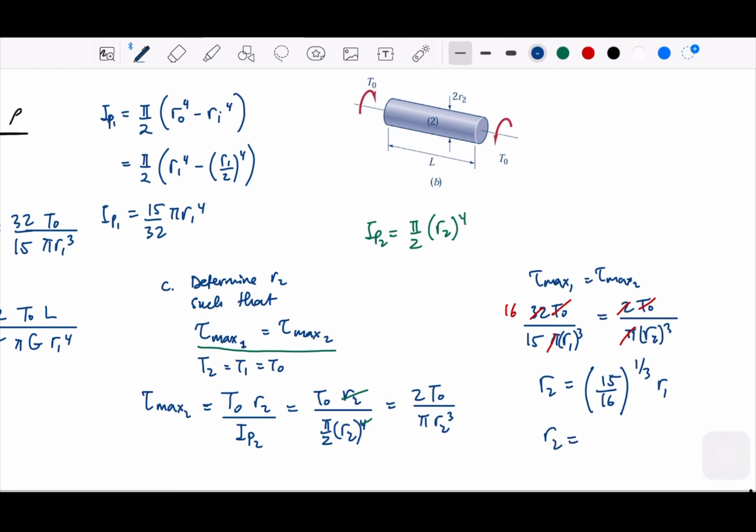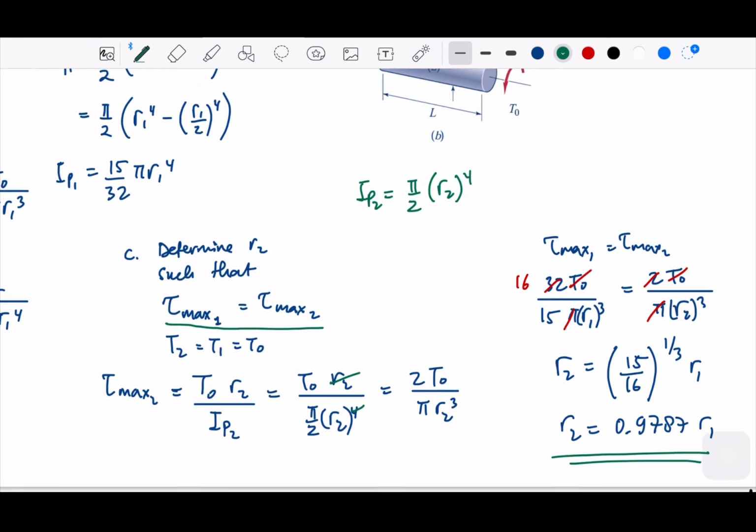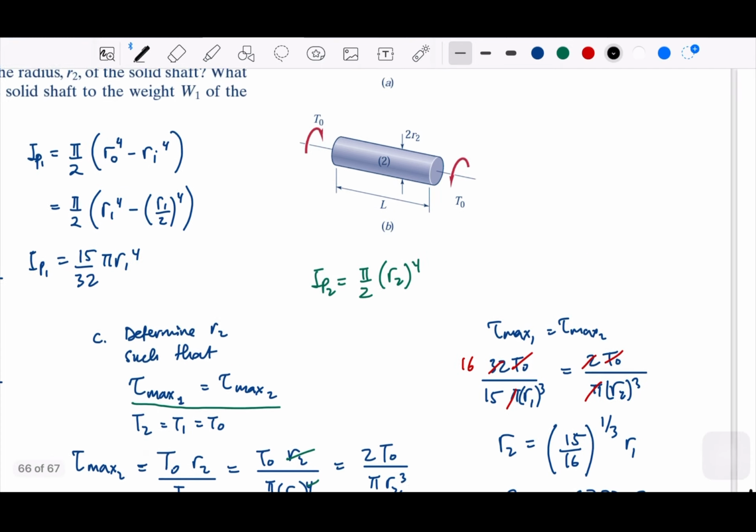Or R2, if we compute, it's 0.9787 R1. Okay, so that's the ratio, and using this ratio of the radii, we get the weight.